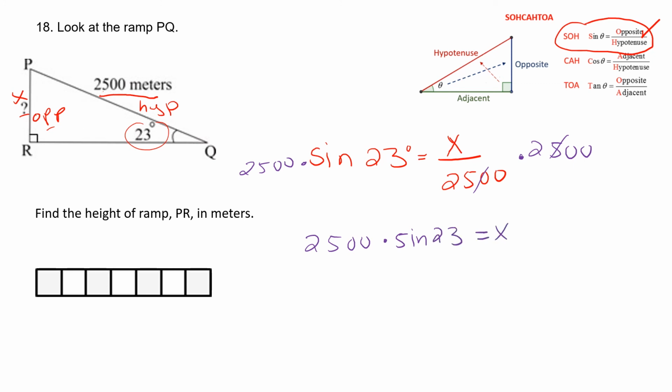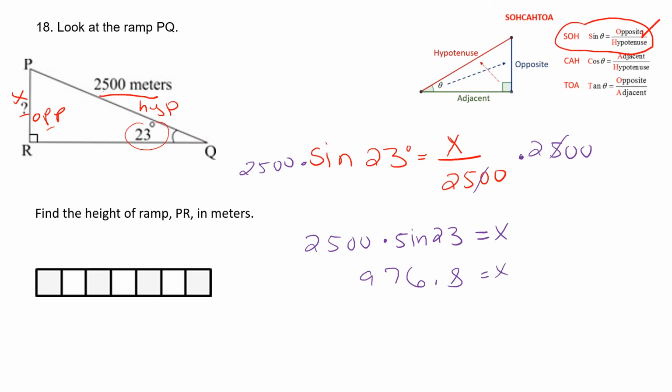So I could just put that in my calculator. So now depending on what calculator you have, you will plug it in differently. So with the TI-30X, you could do 23, hit your sine key and hit equals, then multiply that by 2,500, and you will get 976.8.